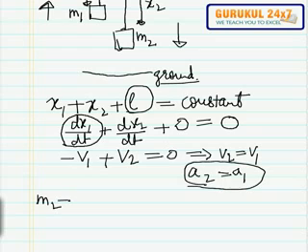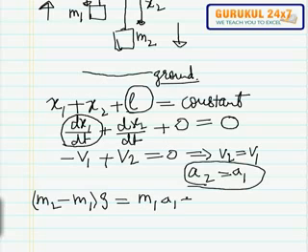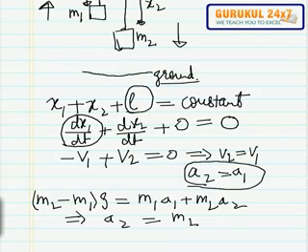Our equation was (m2 minus m1) g equals m1 a1 plus m2 a2. But now we have a2 equal to a1, so this becomes a2 equals (m2 minus m1) divided by (m2 plus m1) times g.